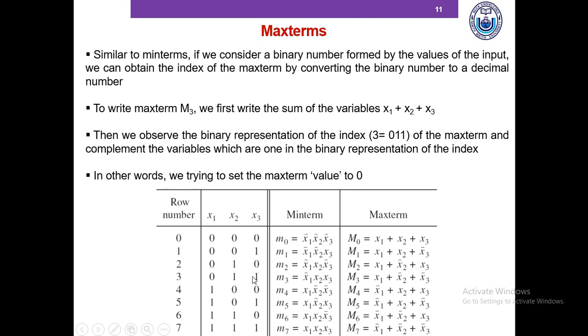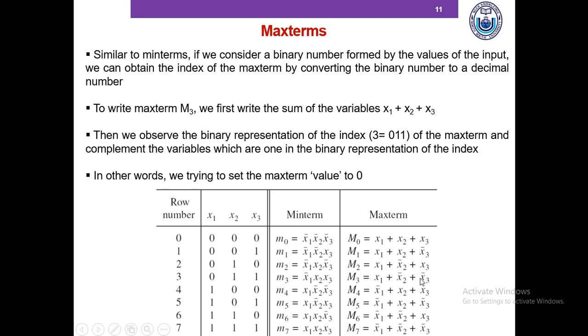What we do next is complement the variables which are equal to 1 in the binary representation of the index. So 0, 1, 1: here x2 is 1, x3 is also 1. So I have complemented x2 and x3. So the maxterm for row 3, M3, is equal to x1 plus x2 bar plus x3 bar.